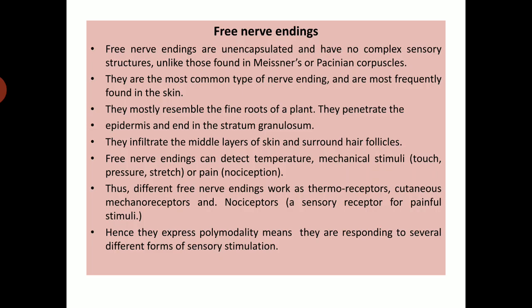Okay. They infiltrate the middle layer of skin and surround hair follicles. Free nerve endings can detect temperature, mechanical stimuli like touch, pressure, and stretch, or pain. That is called nociception, and the receptors are nociceptors.